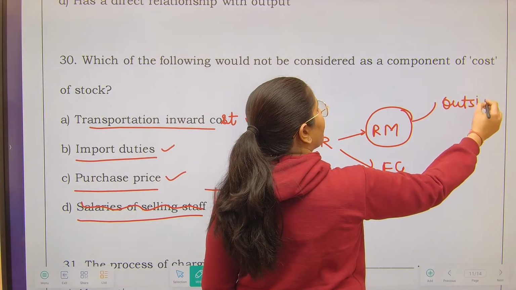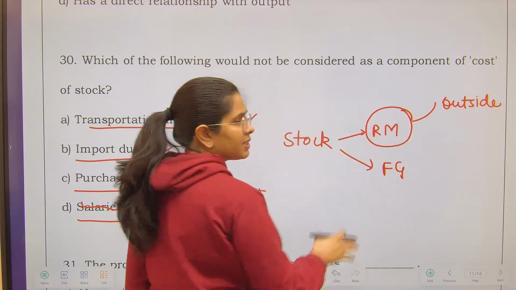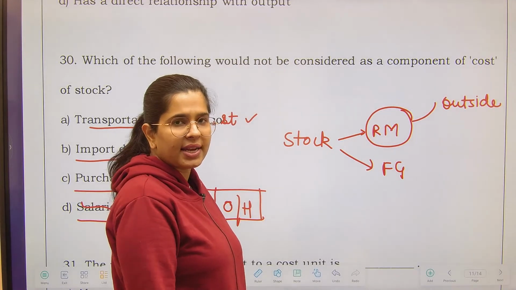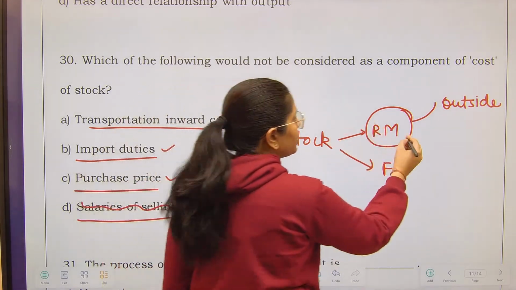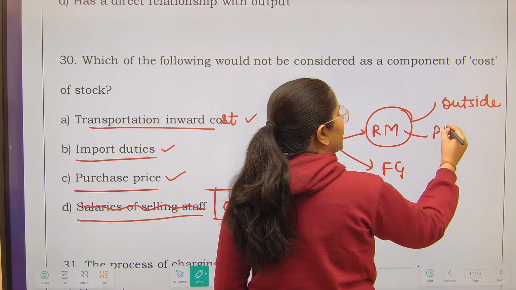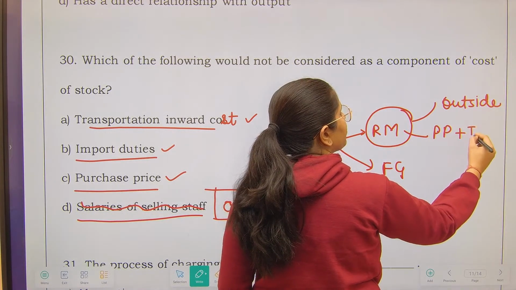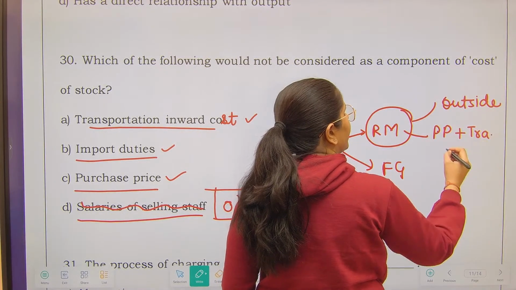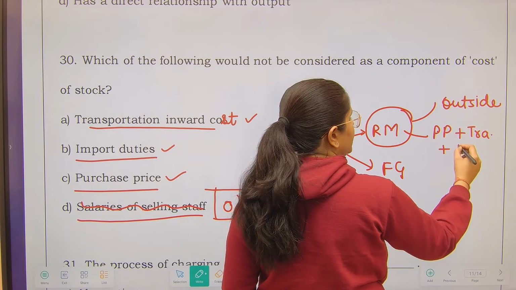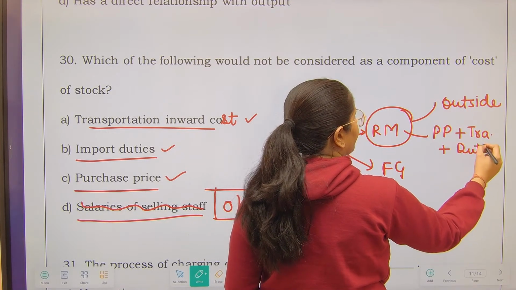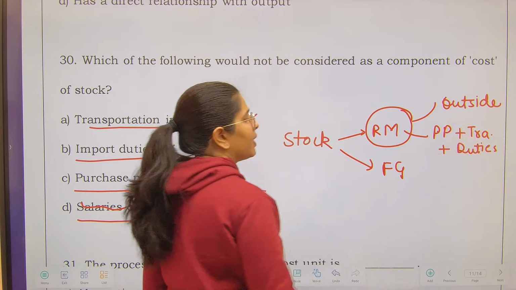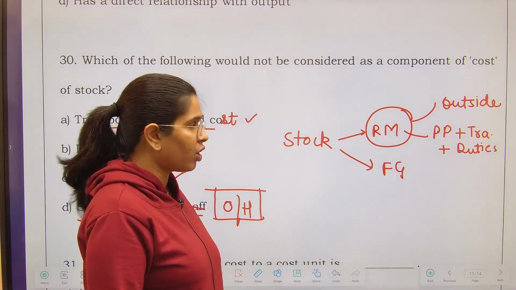You yourself have not done anything onto this. You have not done any activity. So its cost will be purchase price plus transportation, right, plus duties which are not refundable. This will be its valuation. This will be its cost.